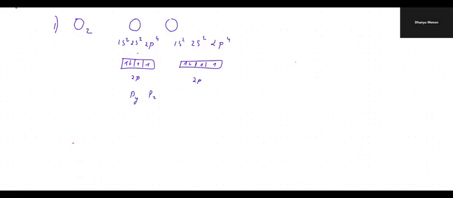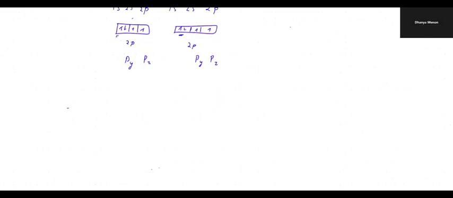Here also Py is singly filled, Pz is singly filled, and Px is full. As I said, all the 2p orbitals have the same energy. You can consider whichever p orbital along whichever axis. Suppose I consider this as pz.